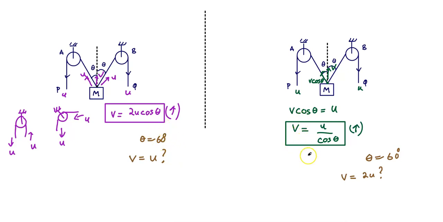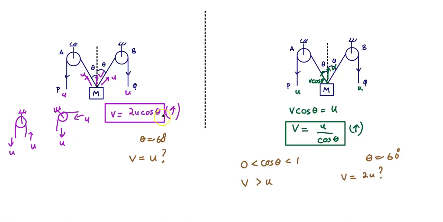Okay, so obviously this is not enough to conclude that this is the right answer, but cos theta is always less than 1, correct? Theta is going to be, let's say, between 0 and 90, so cos theta is always going to be between 0 and 1. So v will always be greater than u in this case, correct? But in this case, you could have cases where v is less than u, correct?